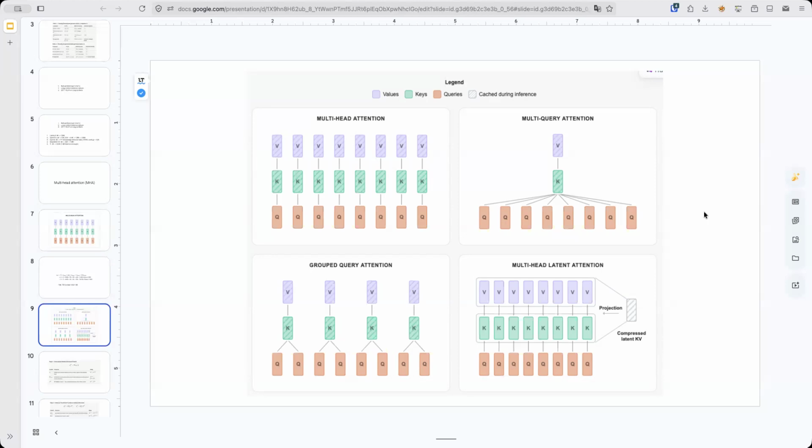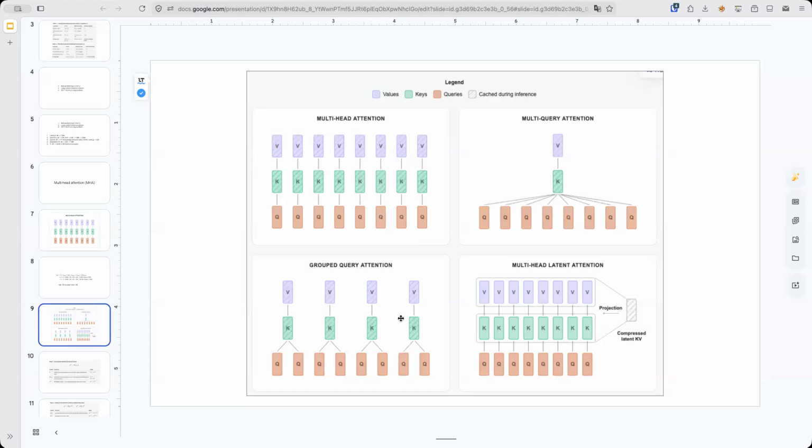So a natural middle ground between multi-query attention and multi-head attention is grouped query attention, where we share KV matrices between multiple queries, but not all of them. It works better, and you can find a solid middle ground.